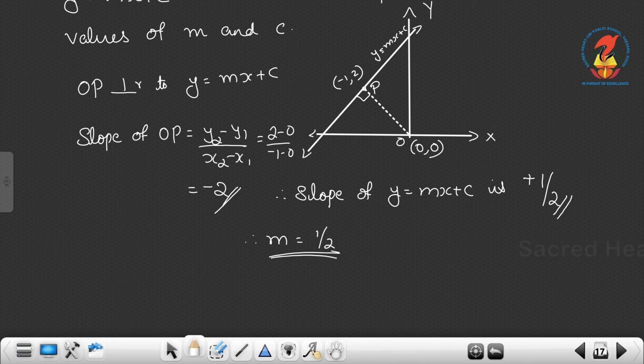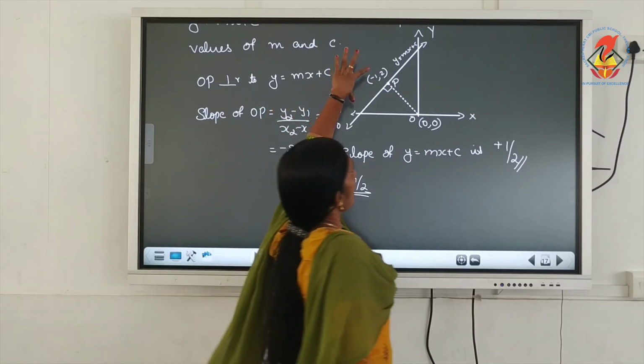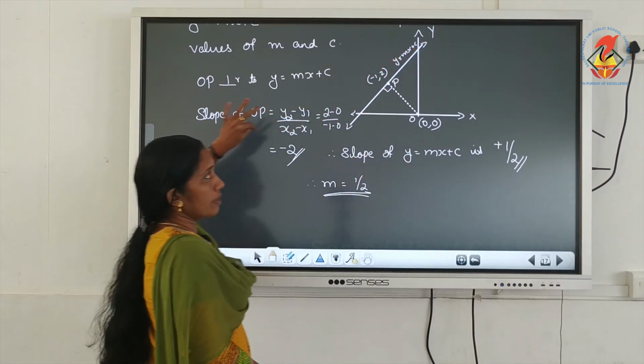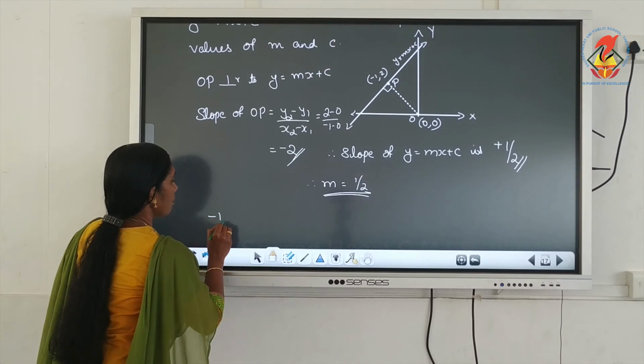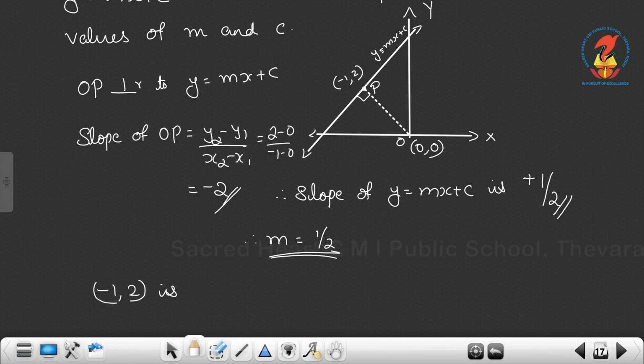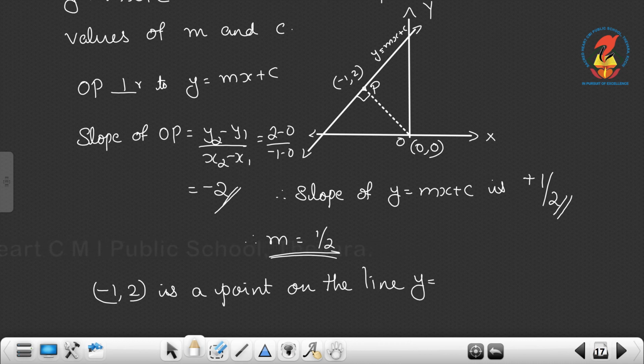Now we have to find c. Minus 1, 2 is a point on the line y is equal to mx plus c. So we can substitute for x and y.